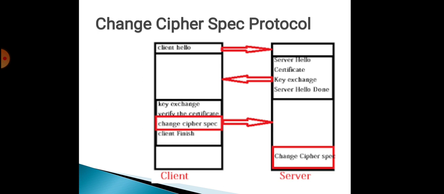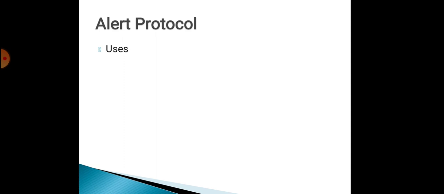On the client side, the client sends a change cipher spec message following the handshake key exchange and certificate verify message, if any, and the server sends it after successfully processing the key exchange message it received from the client. So this is a simple process of the change cipher spec protocol.